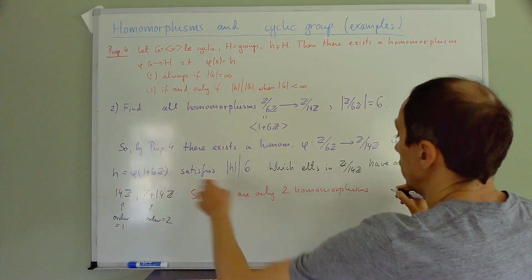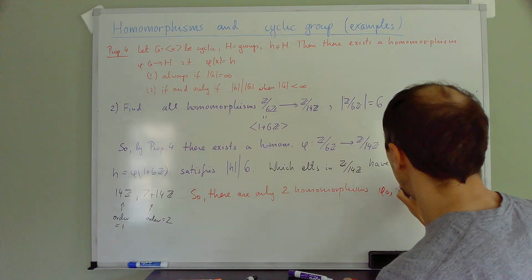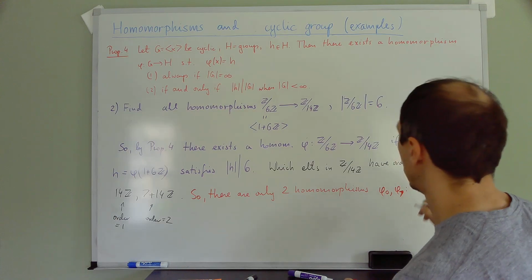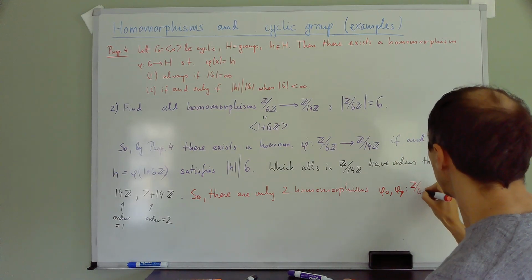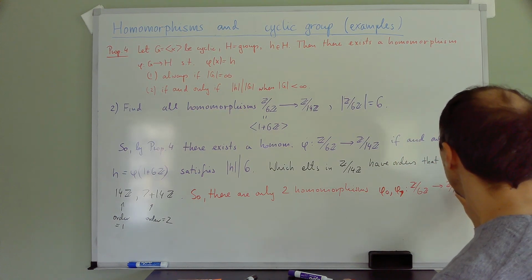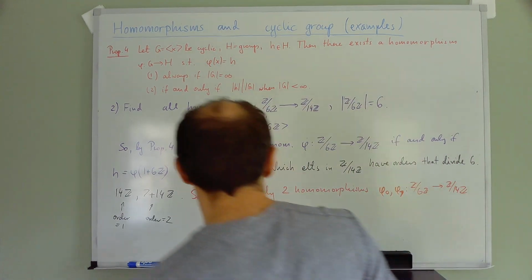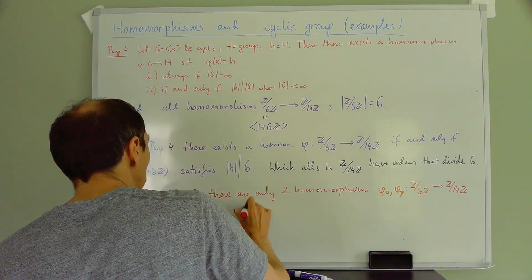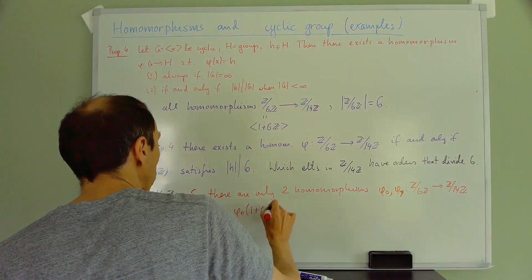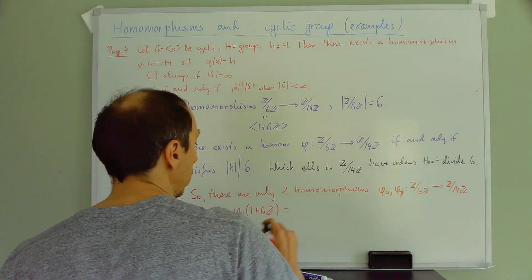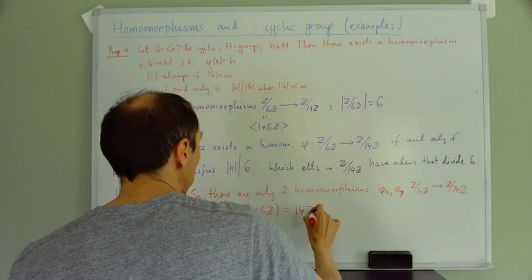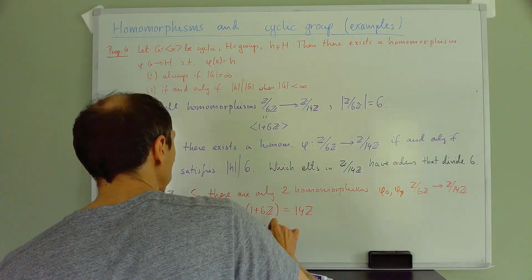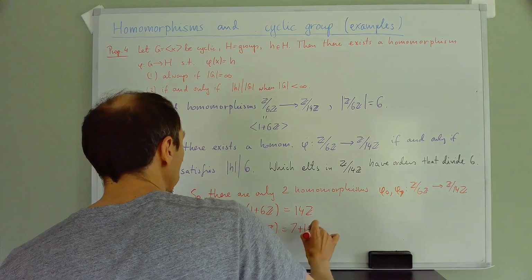So I'll call them phi 0 and phi 7 from Z mod 6Z to Z mod 14Z, where phi 0 sends the generator 1 plus 6Z to 14Z, and phi 7 sends the generator 1 plus 6Z to 7 plus 14Z.